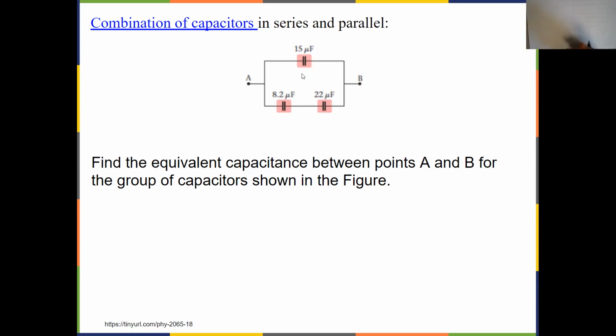So on this one, this is what we are going to do. We are going to treat the two at the bottom here as in series first: 8.2 microfarad and 22 microfarad.